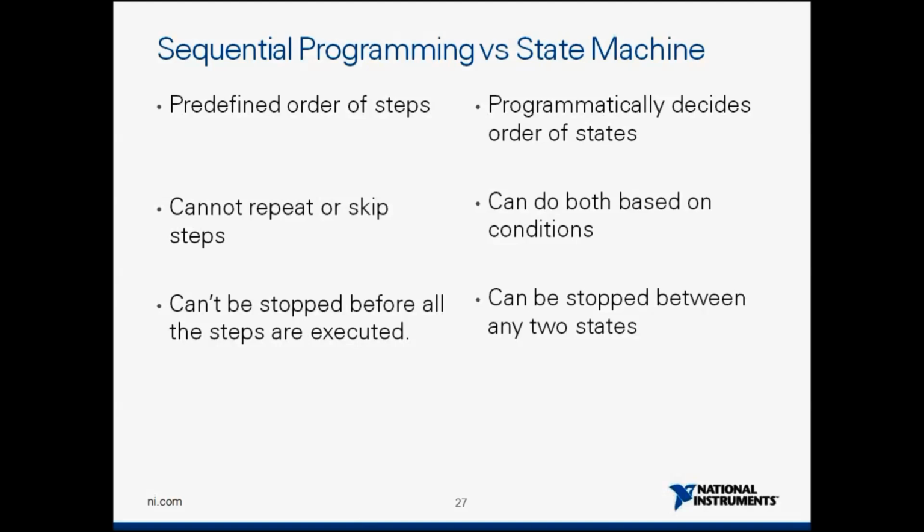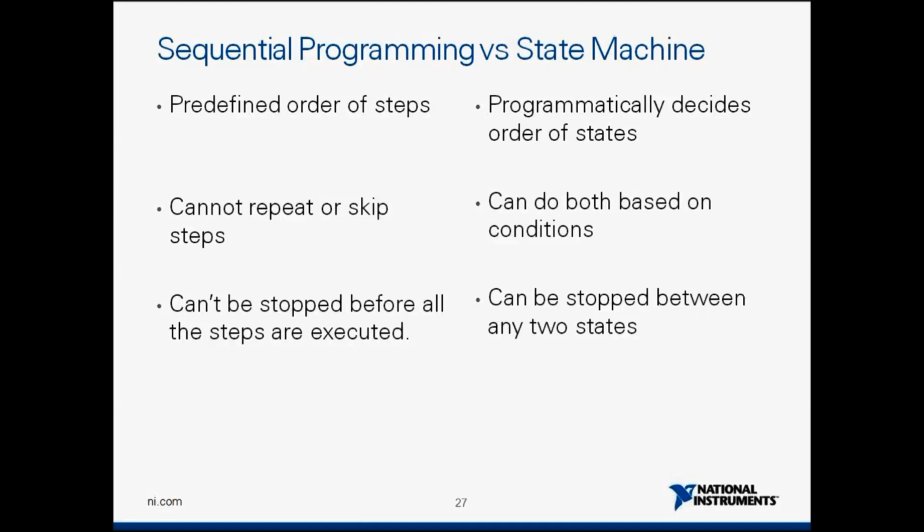We started off with sequential programming and then went on to build a state machine. Both of them involve executing multiple pieces of code. So what are the differences between them? Sequential programming has a predefined order of execution and cannot be changed during runtime. A state machine decides the order of execution programmatically depending on user inputs and previous dependencies.